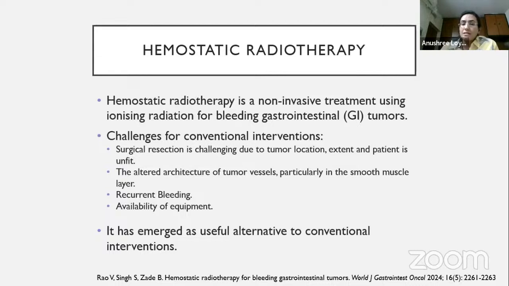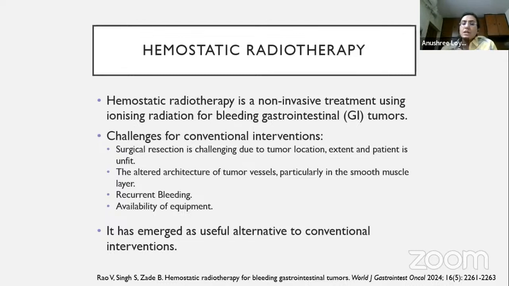Now, why has radiation emerged as an alternative to the conventional interventions? Because sometimes it is not always feasible to go ahead with surgery or endoscopic methods or embolization, because the patient may be unfit for surgery, either due to comorbidities or the performance status, or the tumor is located in such a location that it is not technically possible.